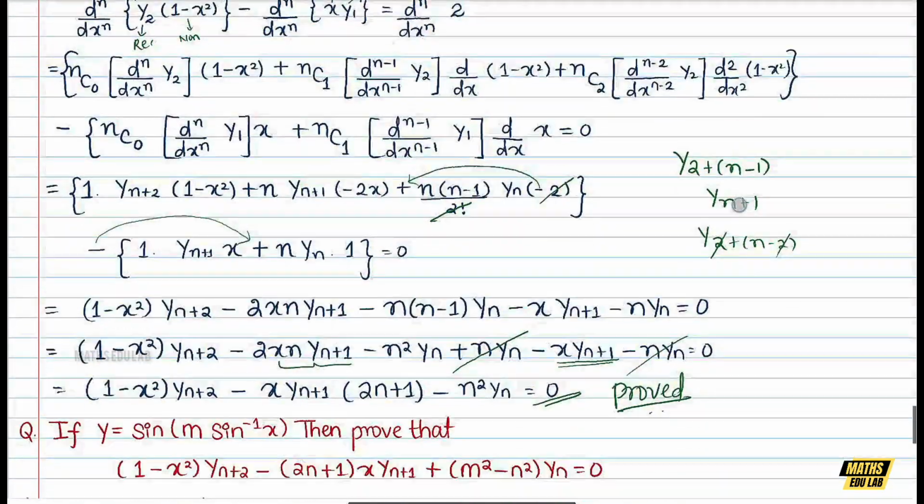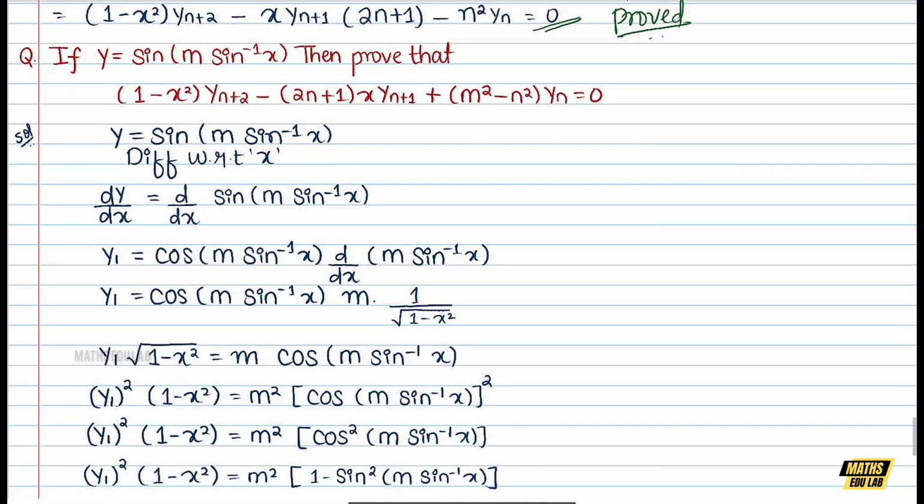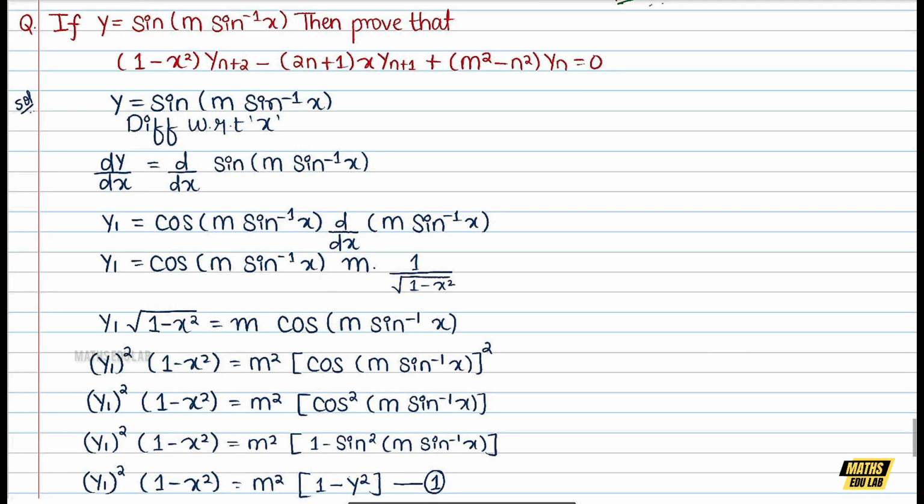Now the last question of this topic is given that y is equal to sine of m sine inverse of x. So this is the y value given to us to prove this particular equation.